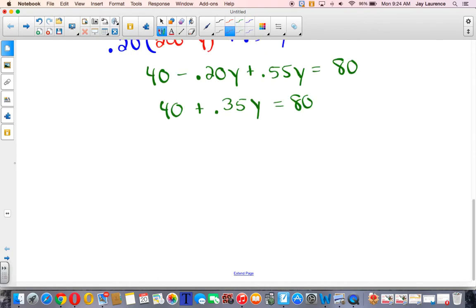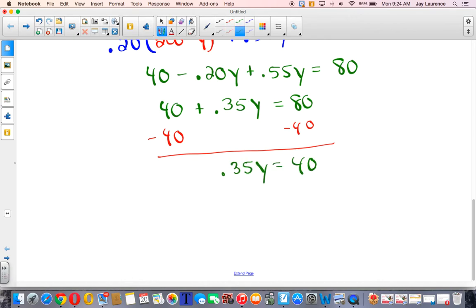And then I'm going to subtract 40 from both sides. And let's see, I'm going to get 35 hundredths y equals 40, and divide by 35 hundredths.